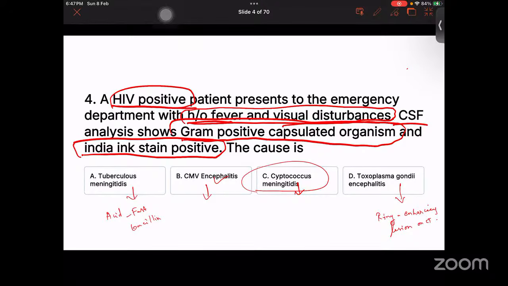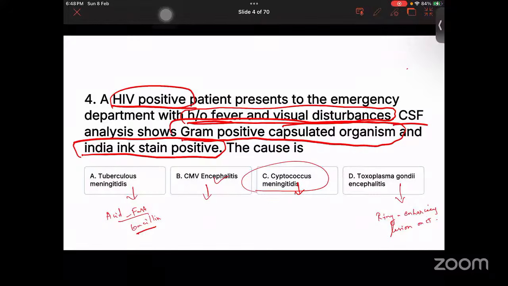Speaking about tuberculosis meningitis, it is an acid fast bacilli, and it is a non-capsulated organism. It does not stain on the India ink either. The same goes with CMV encephalitis, which is a viral encephalitis.